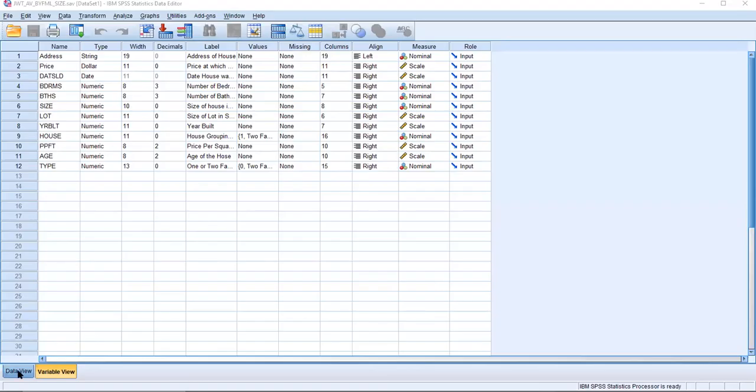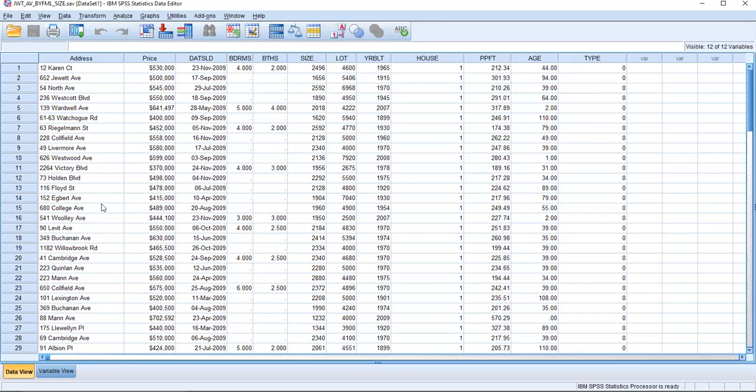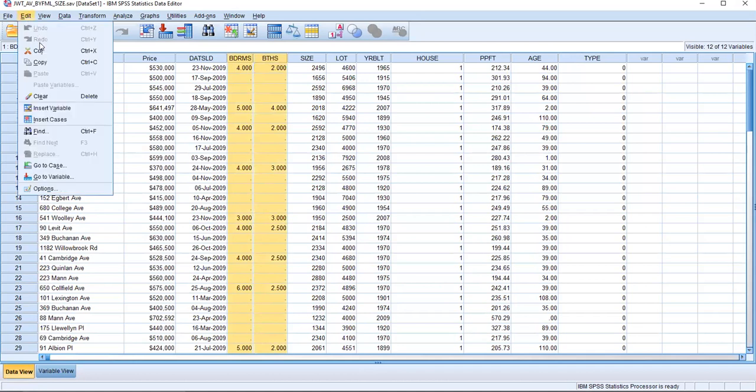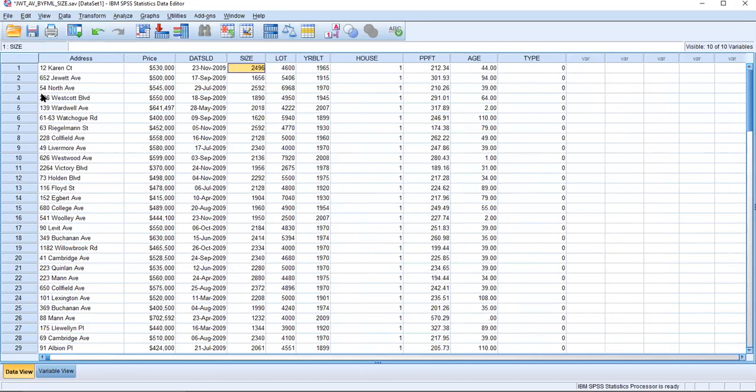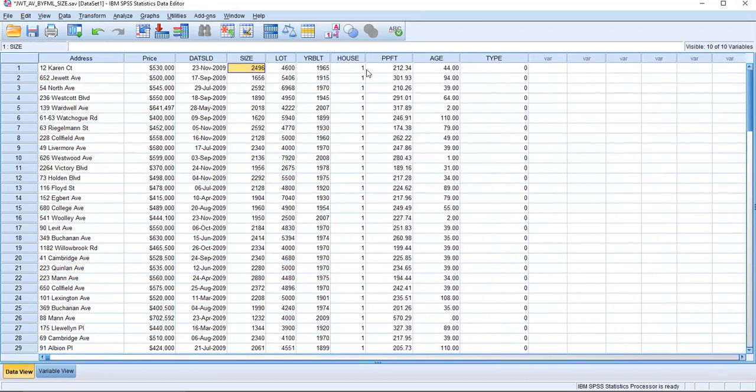All right. Are you seeing my SPSS file? Yes, Professor. All right, so this SPSS file is in data view.